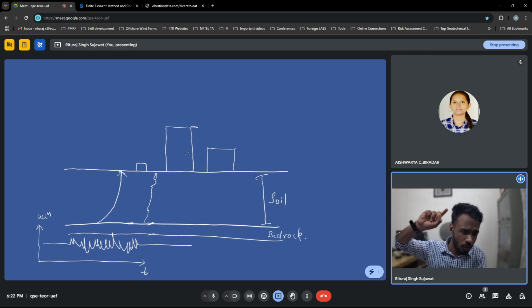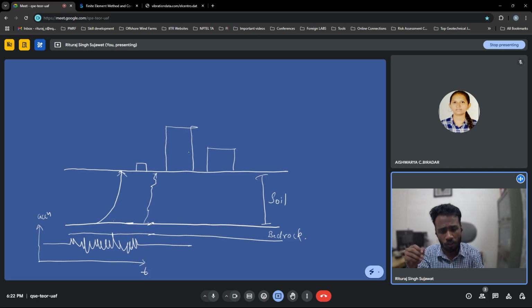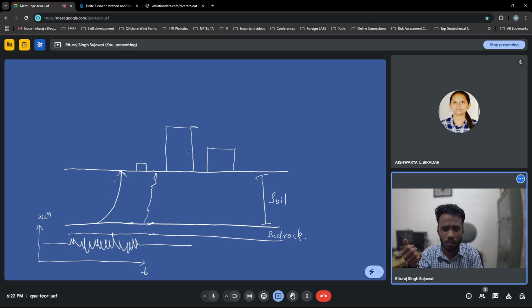Now in the question you have been asked to evaluate that acceleration time history at the bedrock level, from where your seismic waves are transferring. So basically it is the origin at the vertical section of the ground, if I can say. That particular energy has been transferred to your ground surface.